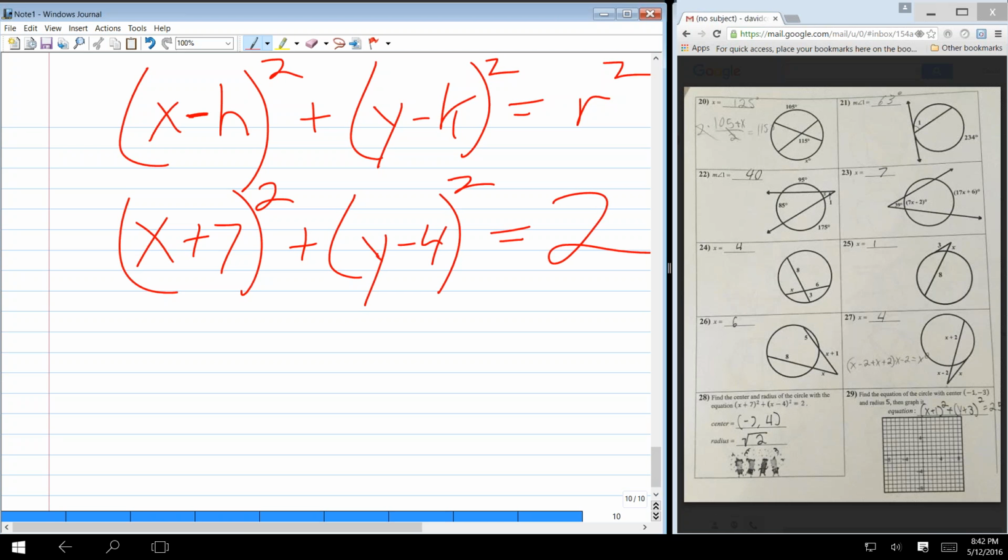And now they want to know the center and the radius of that circle. What's the center of the circle? We know it's h and k. What's h? So h is 7? If h was 7, then it would be x minus 7, wouldn't it?